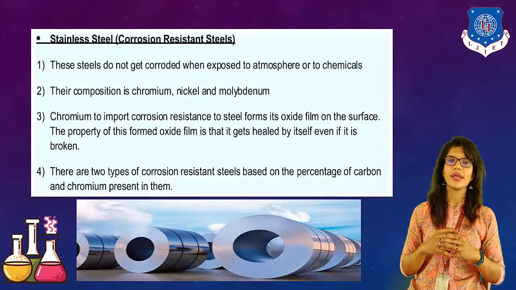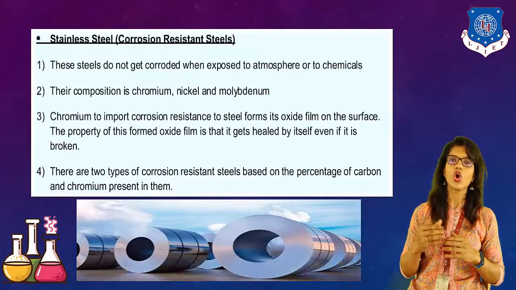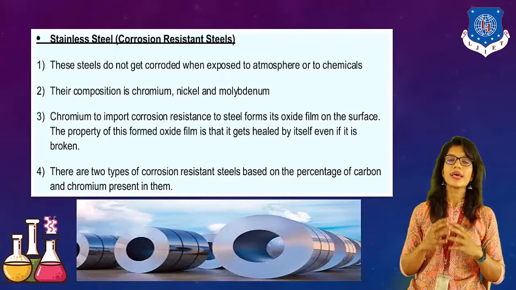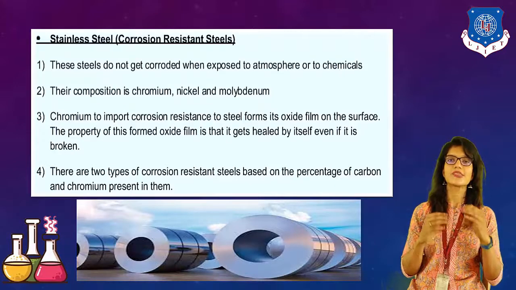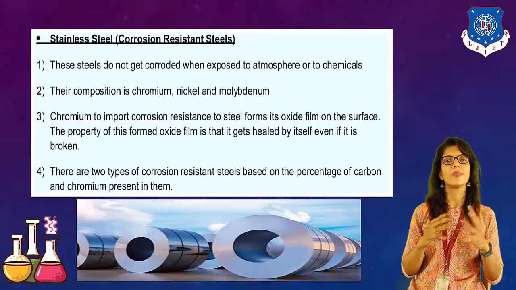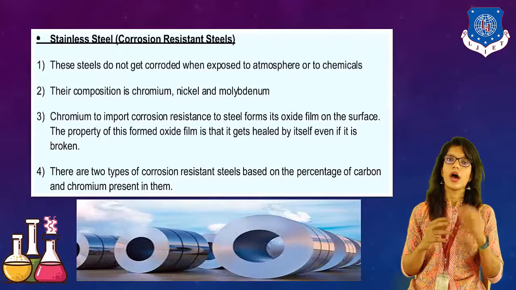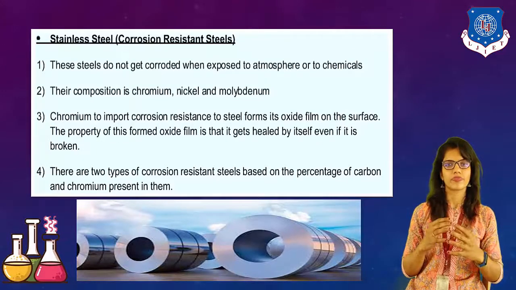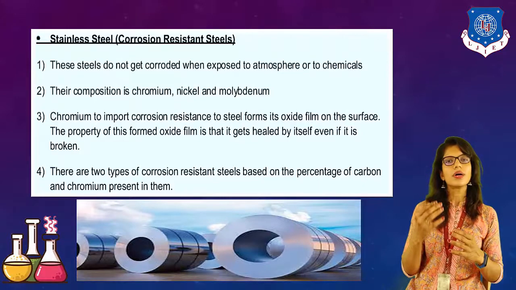They can be divided into two main parts: number 1, ferrous alloys; number 2, non-ferrous alloys. Ferrous alloys are a type of alloy which contains iron in a very high amount. Along with iron, we have observed that it can have other metals and other non-metals also.